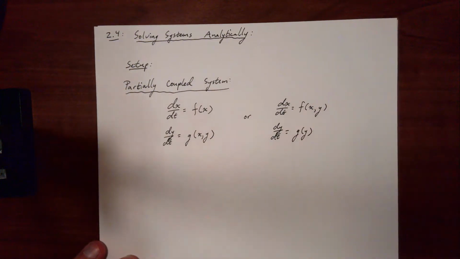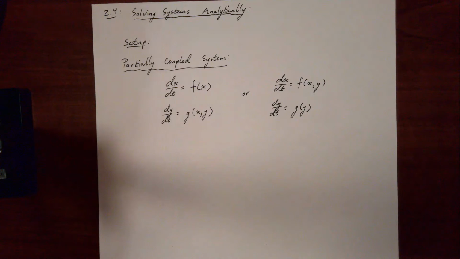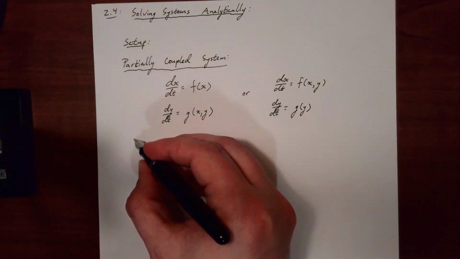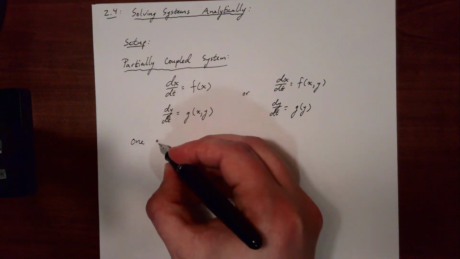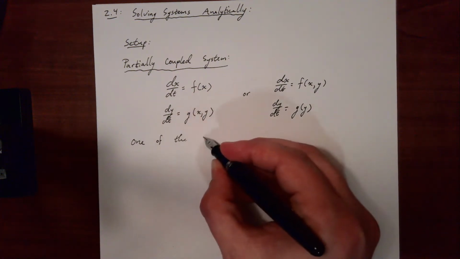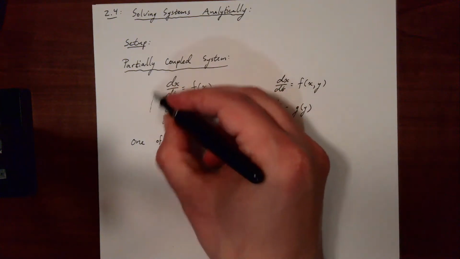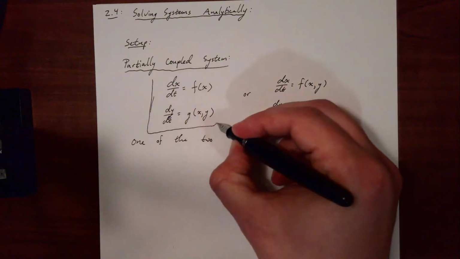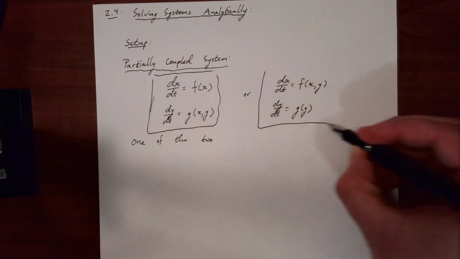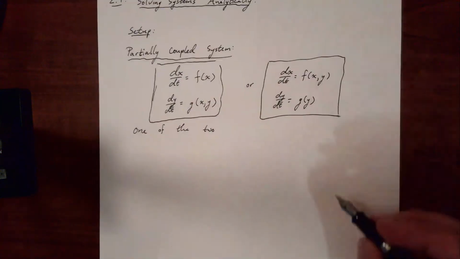So in other words, one out of these two equations is free of the other variable. So specifically, these are the two possibilities. So here, just so it's clear, are the components of the disjunction. It's that versus that.